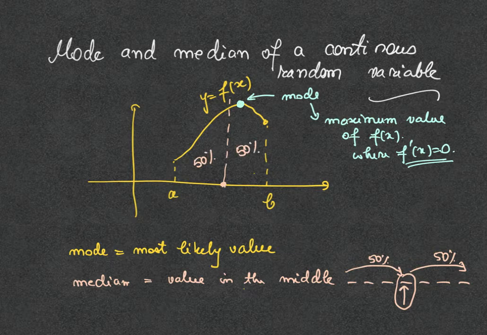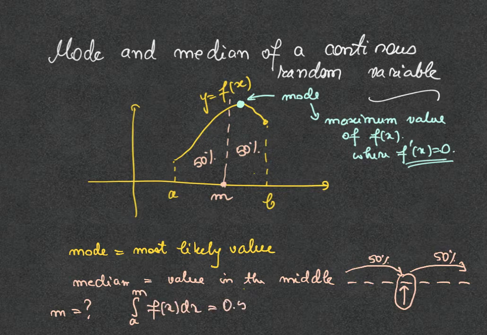So the median, let me call it M, will be the point such that the integral from A to M of f of x dx is 50% or 0.5. And from this equation, you are going to find M. So again, the integral from A to M of f of x dx, this area needs to be 0.5 or 50%. Let's take an example on the next page.